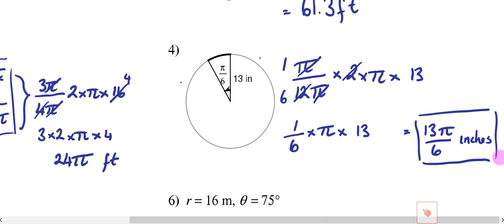Why am I not going to do anything with the 13 over 6? Why have I left it like that? Does it have anything to do with giving more working marks, so we express it in that way? Do it in terms of pi, but what about the 13 over 6? Yeah, it can't be simplified. If I did the actual division, I'd end up with a decimal.